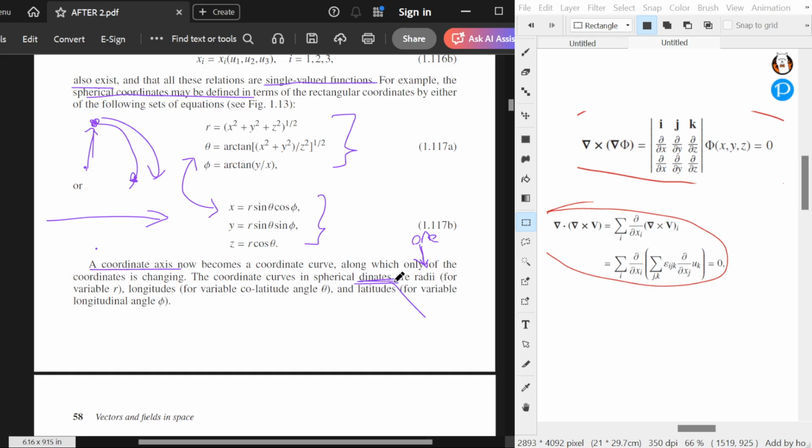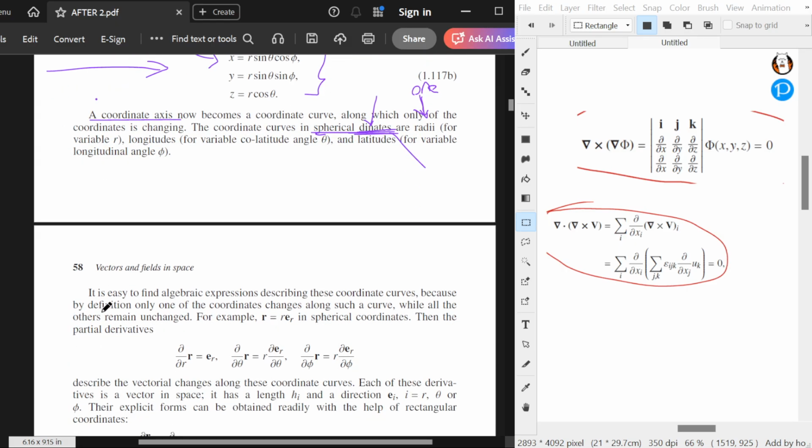I think from context clues, I know what it means, but now the grammar doesn't make sense. The coordinate curves in the spherical system, I mean system.